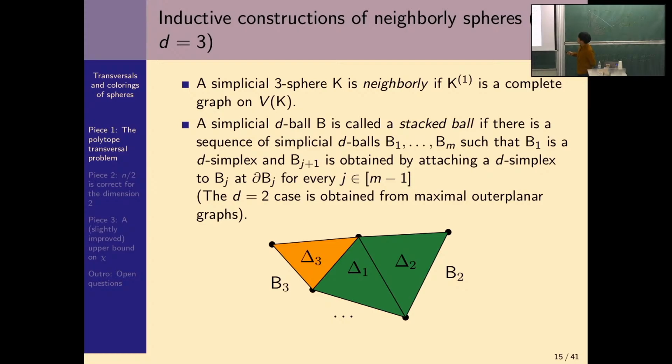So you can think about this stacked ball as something very similar to a stacked outerplane graph. But we also need to care about the whole faces inside. Any question about this concept?